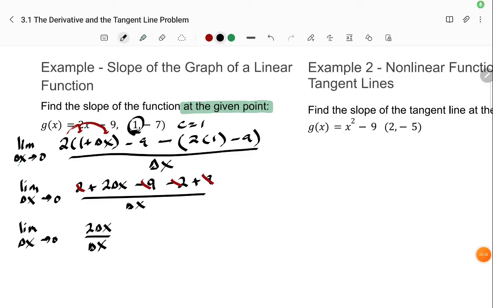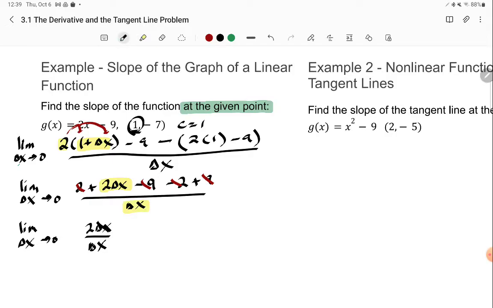Now if you work it out, when you take this 2 and multiply into those parentheses, you would end up with 2 plus change in x, and then you take that negative and distribute it into that 2 and negative 9. You get a negative 2 and a positive 9, and you can see a bunch of stuff cancels. Once things cancel, all you're left with is the 2 change in x on top and the change in x on the bottom.